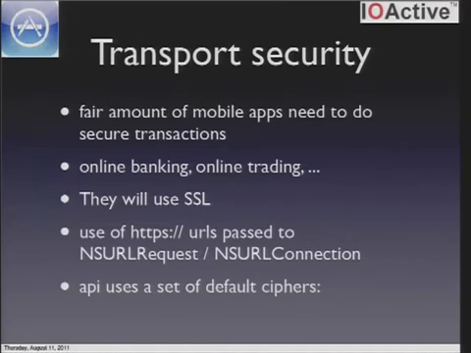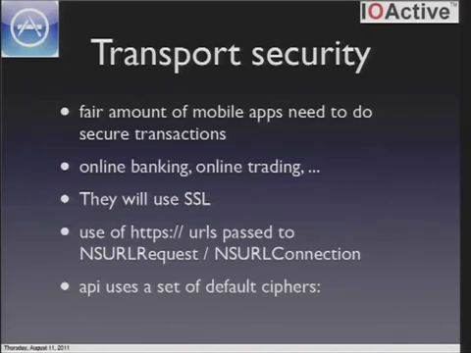So the first thing I'll be talking about is transport security. Turns out there's a large number of applications that run on iOS where you would want to use some kind of transport security: online banking, online trading, all sorts of stuff where you don't want your data to just leak out in the clear.